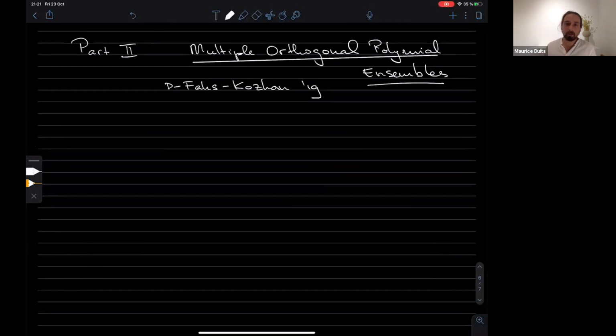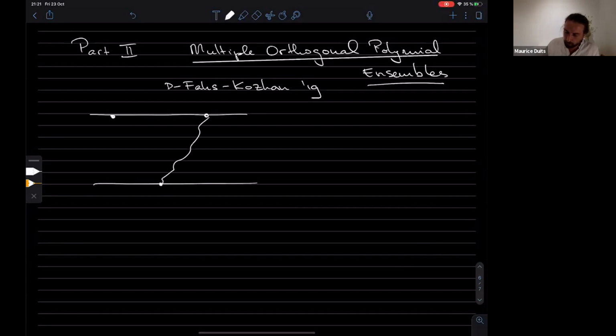So before I come to a definition, let me first recall an example of such a model. This would be an example of non-colliding Brownian bridges that have, for example, one starting point. They all start here at 0. They start at one point, but then they have two points that they can go to.